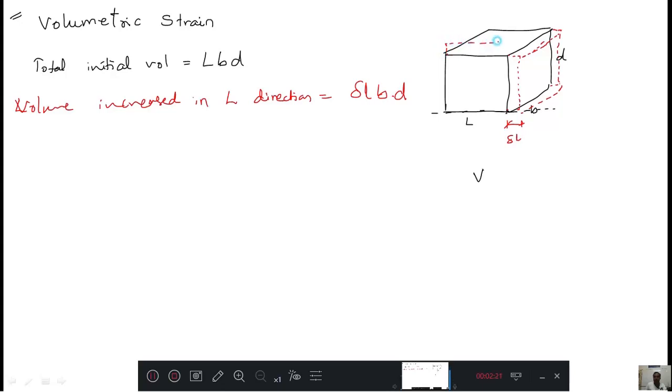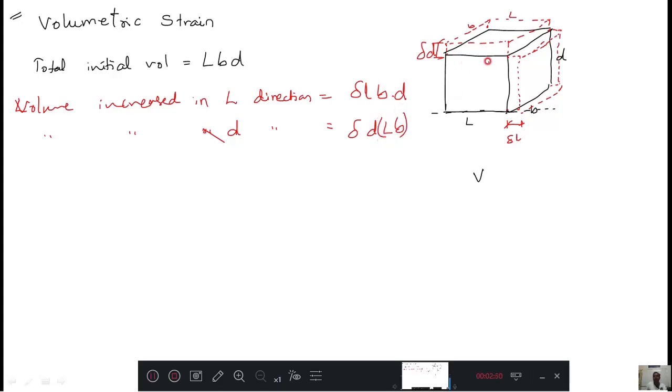This is the D direction. It will increase its volume in the D direction. Now this is your delta D, and this is B and this is L. Therefore the volume increased in D direction is delta D into L into B.